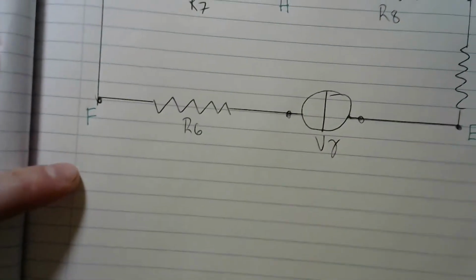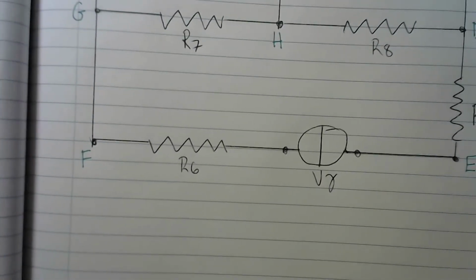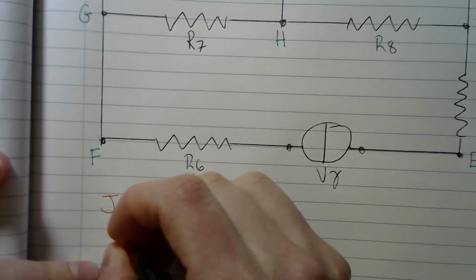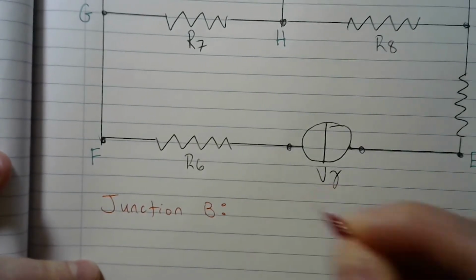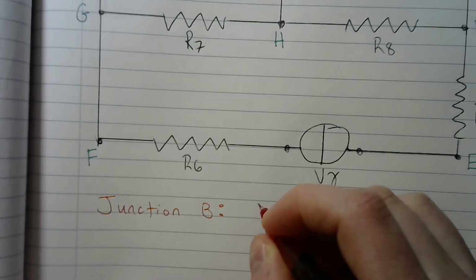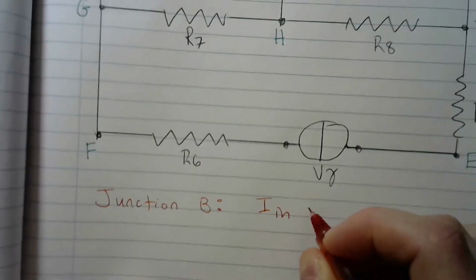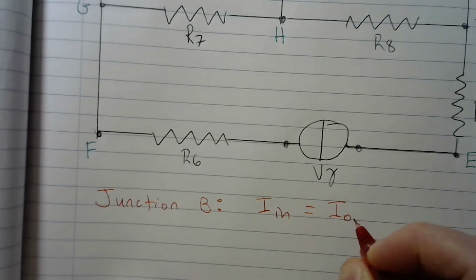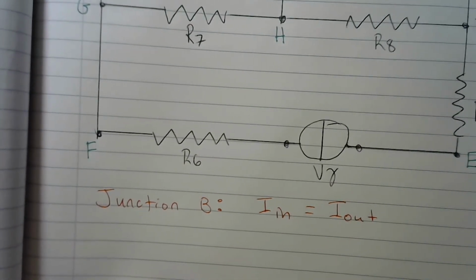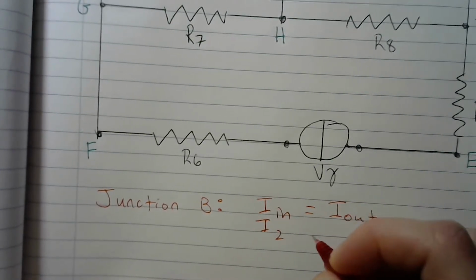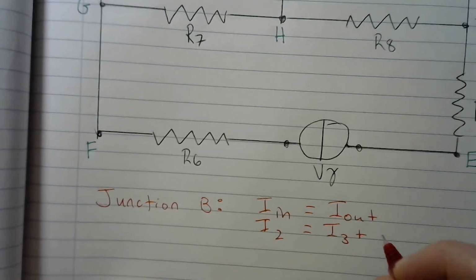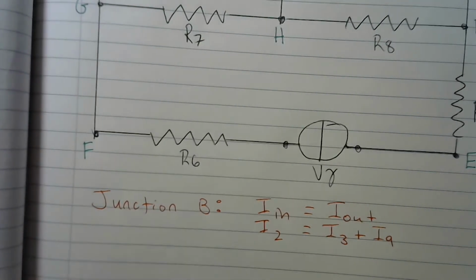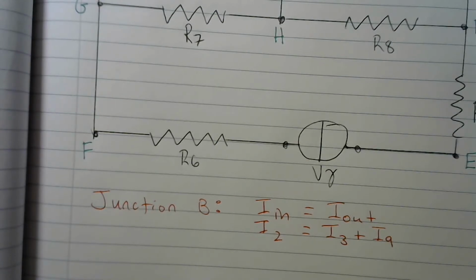So I can write my first junction equation down below for junction B. And I have that the total current in is equal to the total current out. So that looks like I2 is equal to I3 plus I9. So that would be my first junction equation.